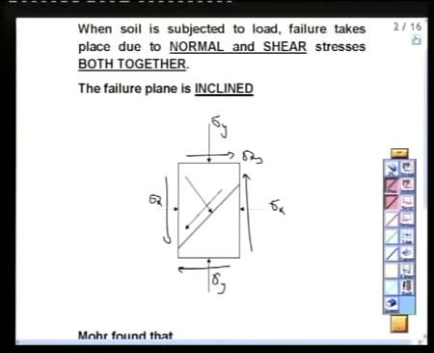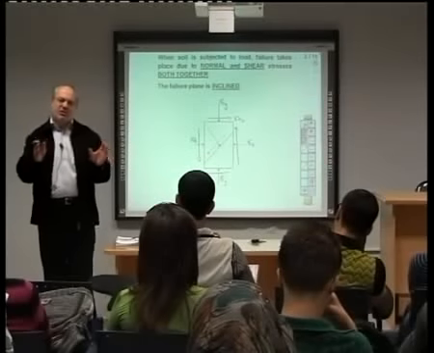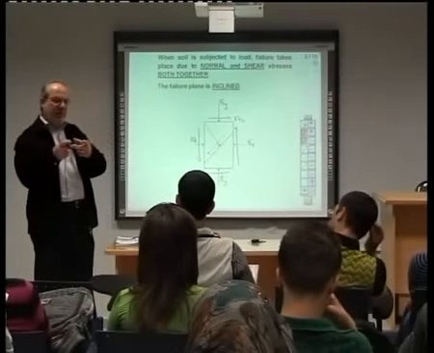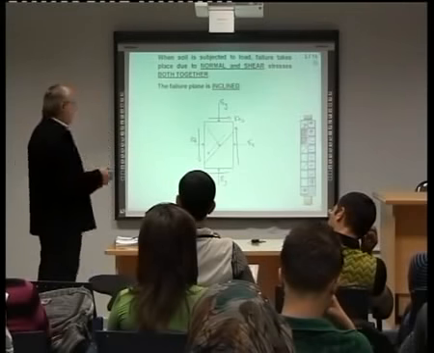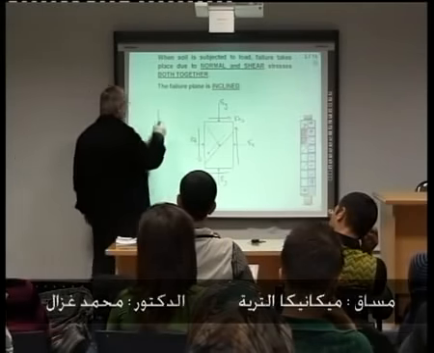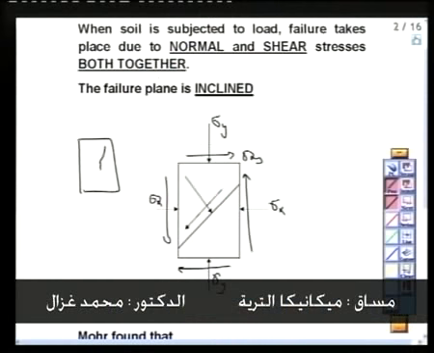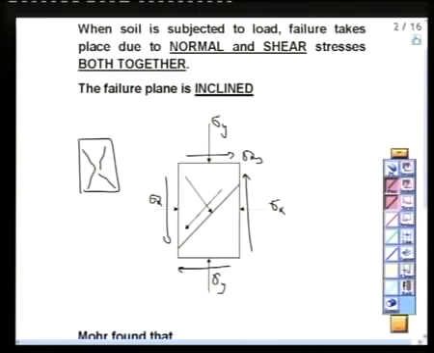And this failure, if you remember when you crushed or destroyed the cement blocks in materials, right? In most cases, the failure takes place at an angle, in this way. Why? Because the failure is caused by a combination of normal and shear, not by shear alone, not by normal alone, but by both of them.